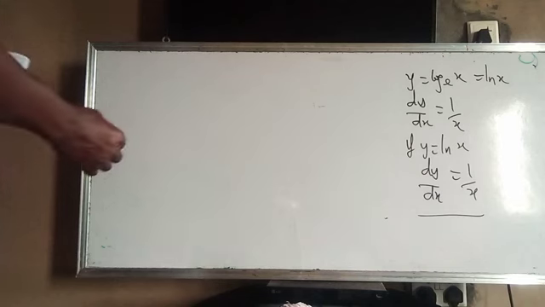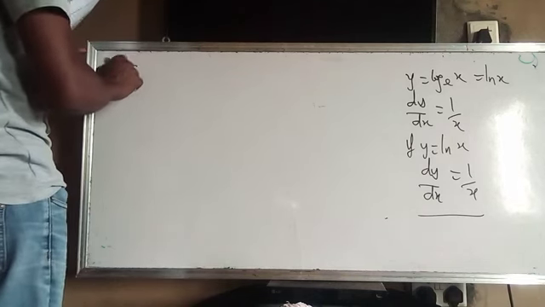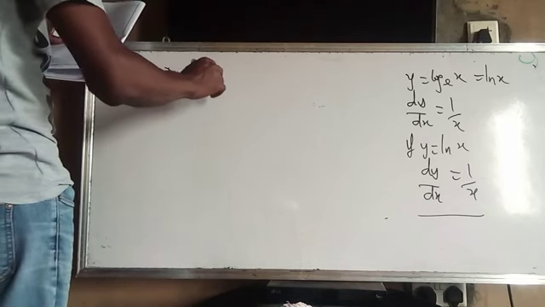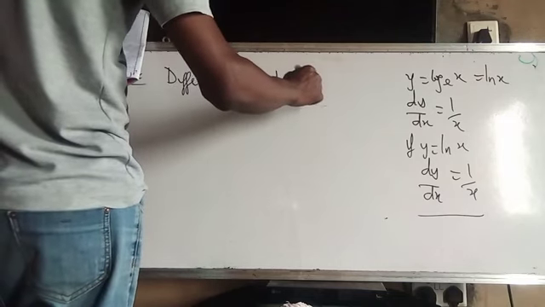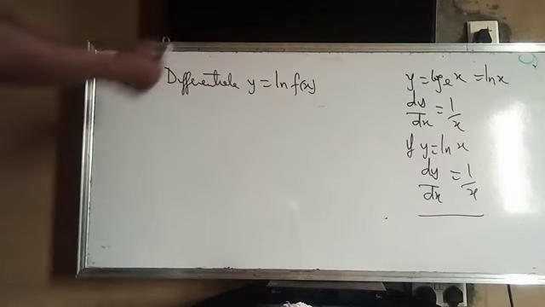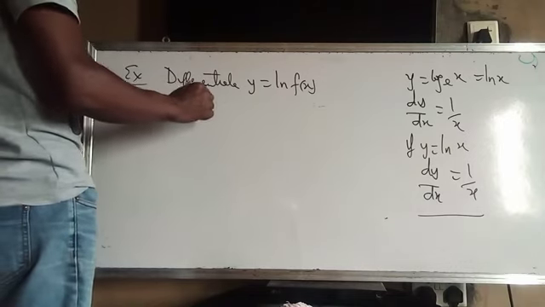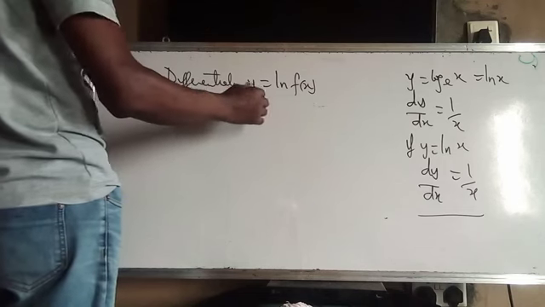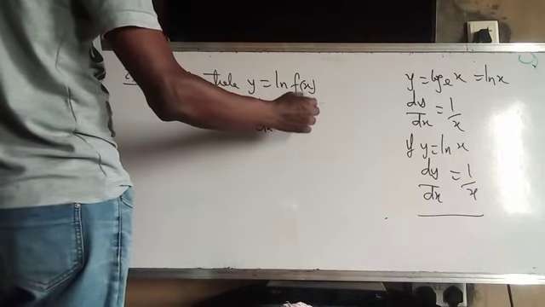Suppose we have, let's say for example, differentiate y is equals to ln f of x. Fine. So it's very simple. What you need to do is let u be equals to f of x. So differentiating u with respect to x, you have du/dx is equals to f prime of x.